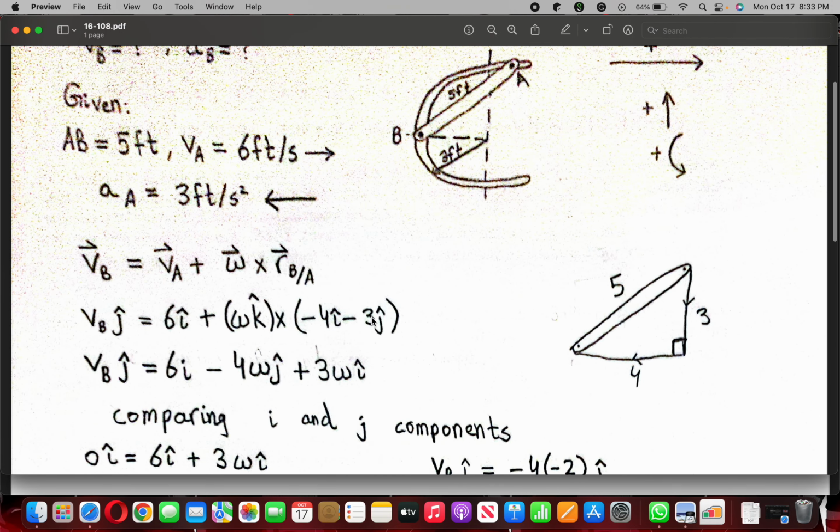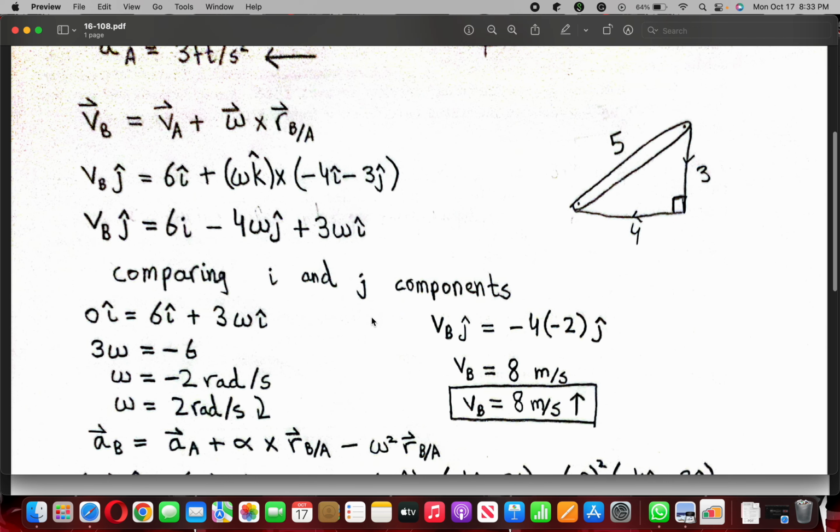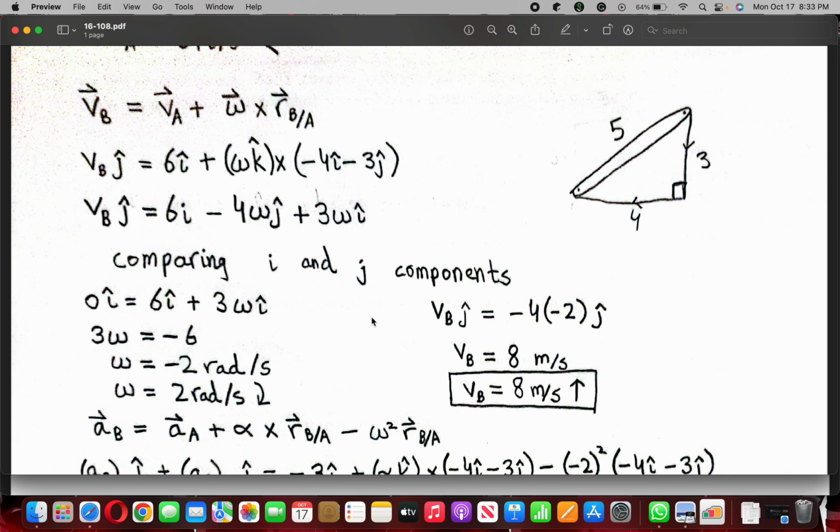We have omega, which is unknown right now, and then we compare the i and j components. There is 0i over here because VB only has a direction in j, and we find omega is minus 2 radians per second.